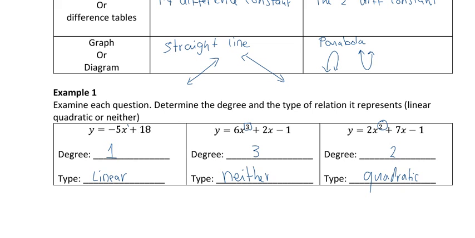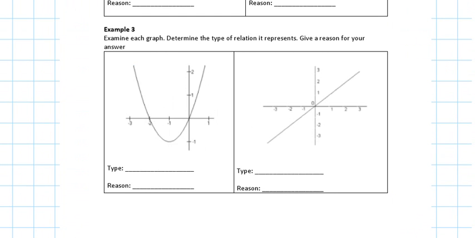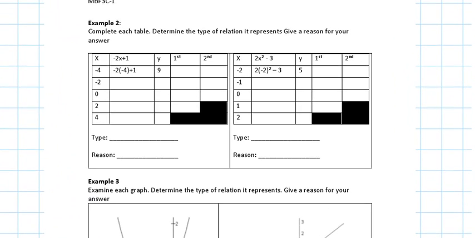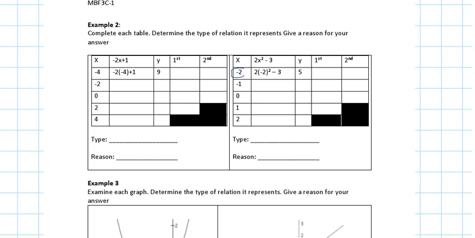Okay? I'm going to leave you to do these tables of values. I'll probably do 1 instead of 2. Here, let's do 1 together. Let's do this one. So if I look at this, I have 2x squared minus 3. The x values that they gave me are negative 2, negative 1, 0, 1, and 2.